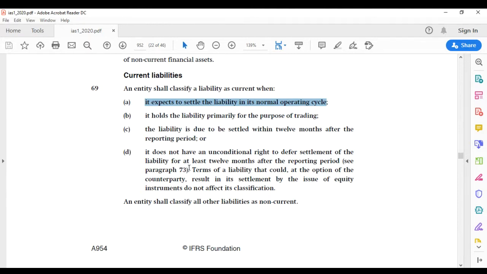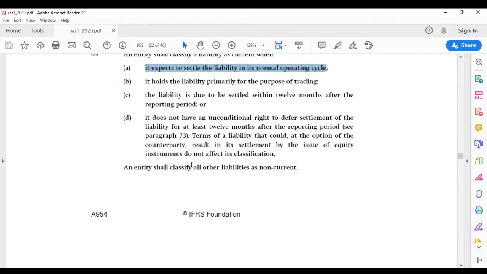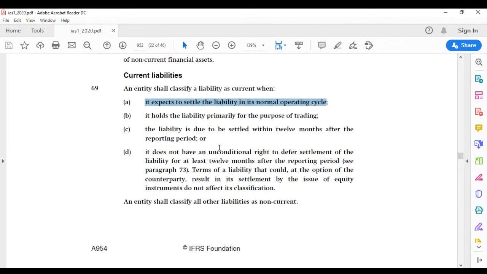And then the second of the easiest definitions you'll ever find in financial accounting, what is the definition of a non-current liability? The definition of a non-current liability is basically any liability that cannot be classified as a current liability, right?